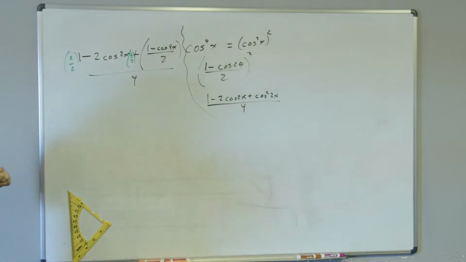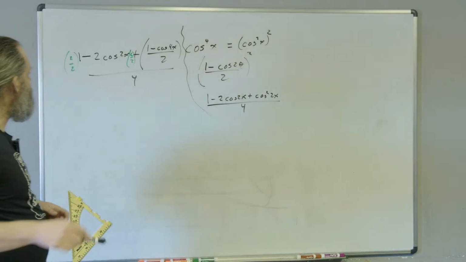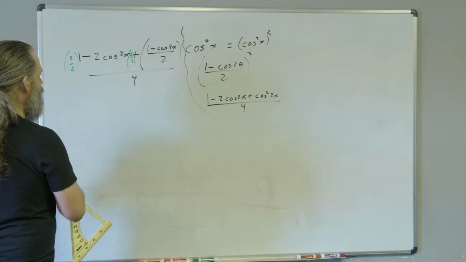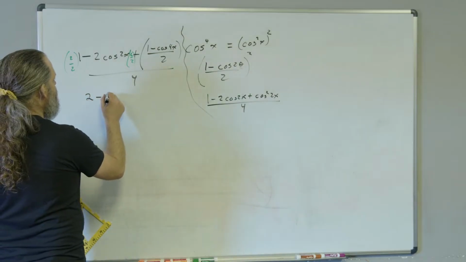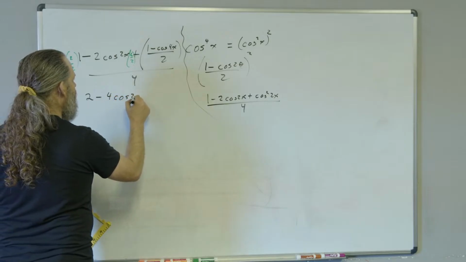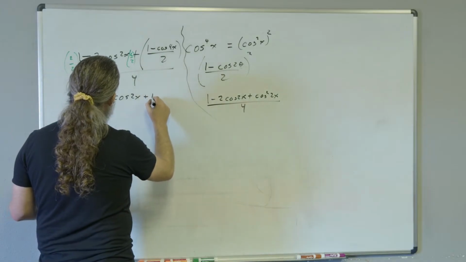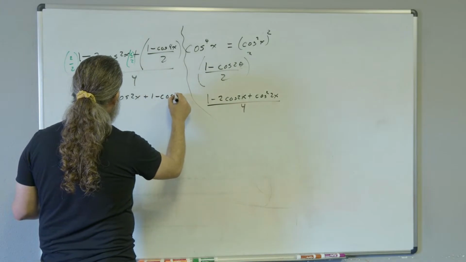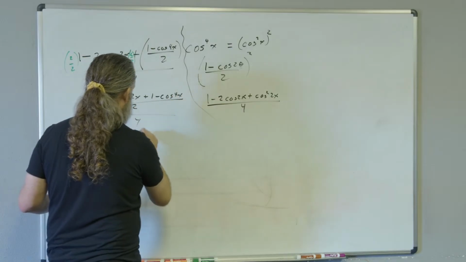So in the numerator we have 2 minus 4 cosine 2x plus 1 minus cosine 4x, over 2, over 4.